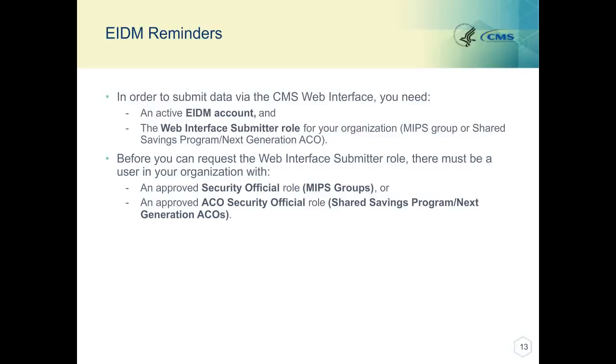To get that role, there must be someone in your organization set up as a security official for your ACO or group practice. If it's an ACO, they would have to have an ACO security official. Otherwise, they'd have to have a security official role for their group practice. Once you have the security official in place, other users can go in and request a web interface role, and that security official can approve that request. Next slide, please.